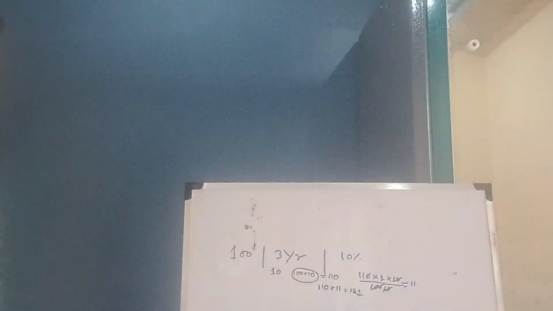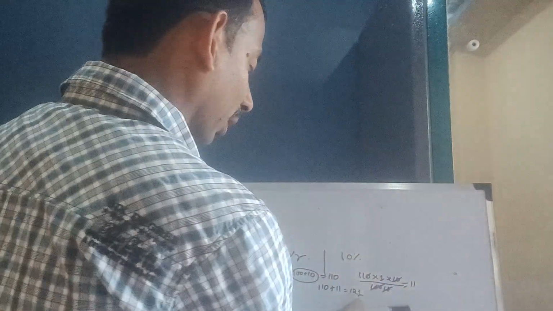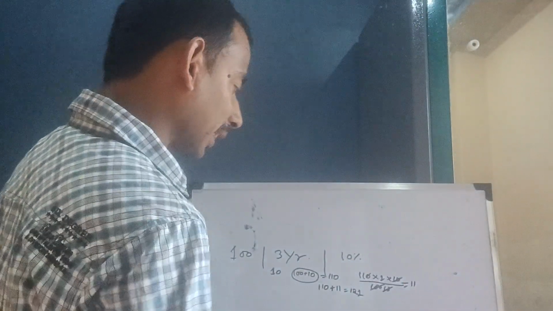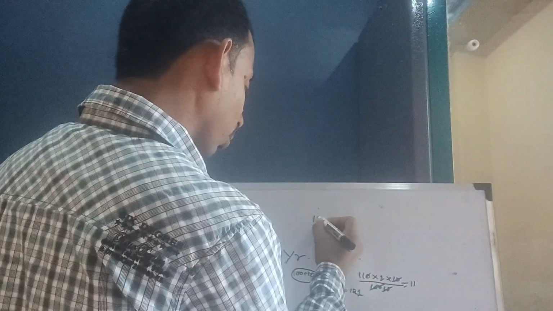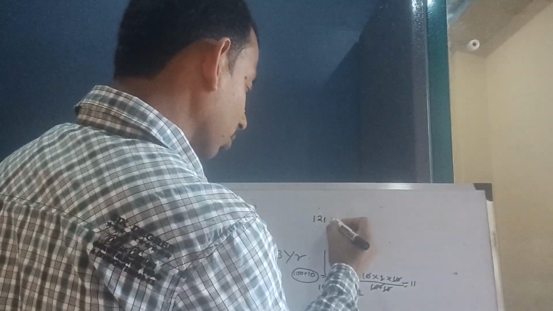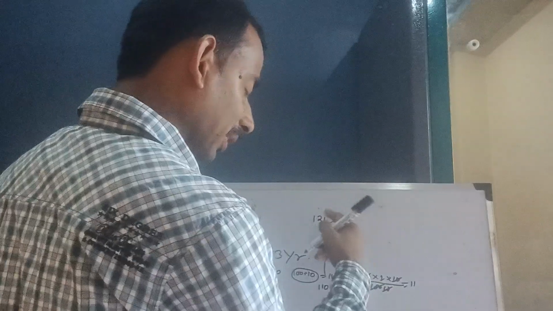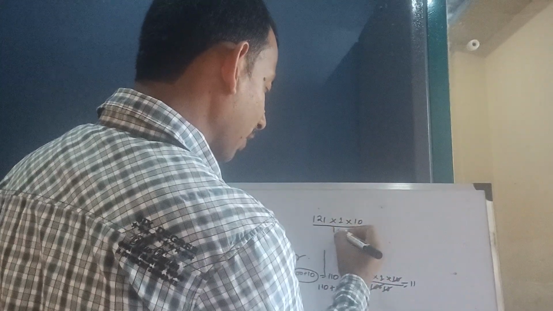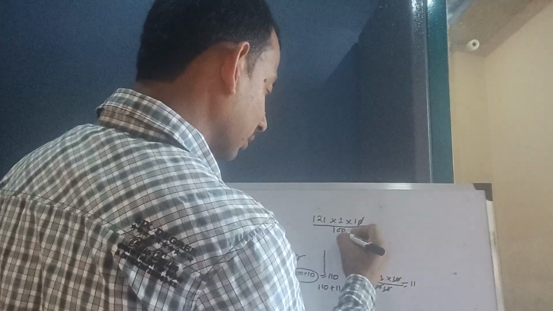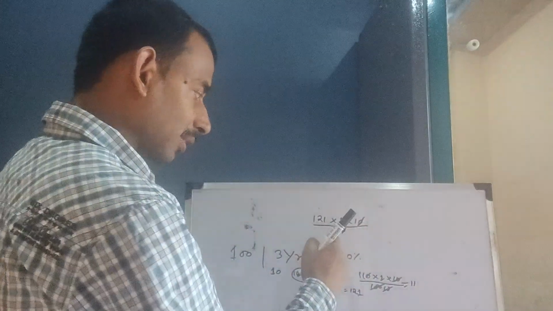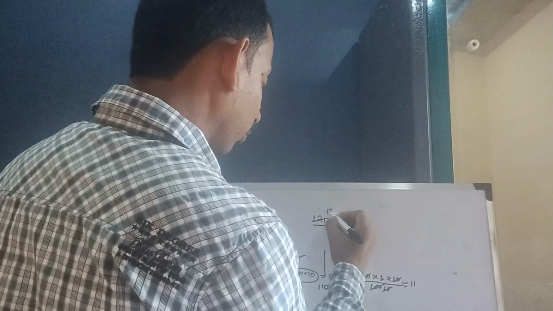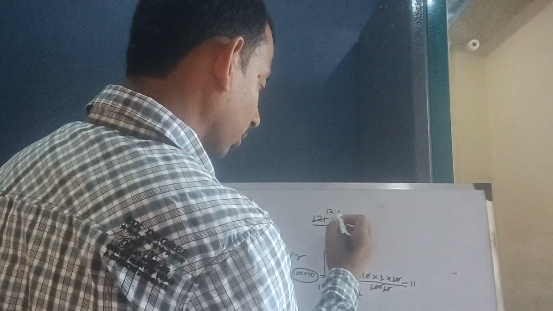Now you have to calculate, assuming the principal 121. So after another 1 year the interest would be 121 into 1, that is P into T, 1 year, into rate of interest 10 by 100. Cancel this, that is 12.1.